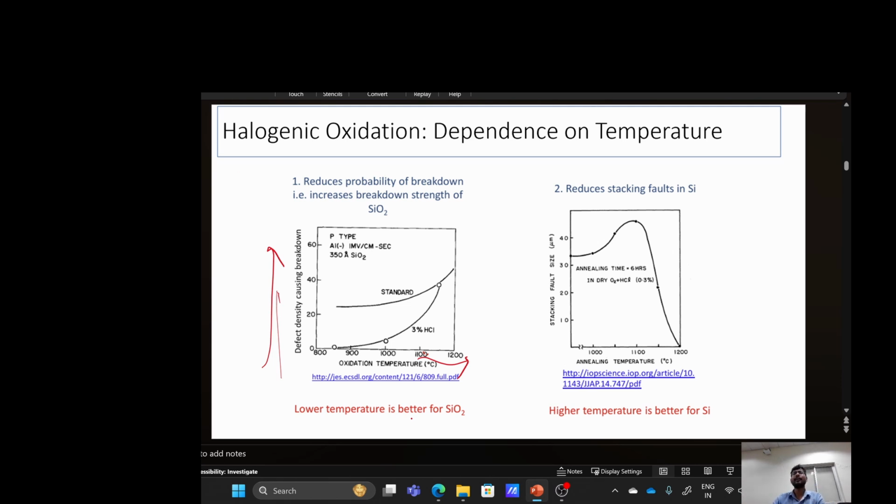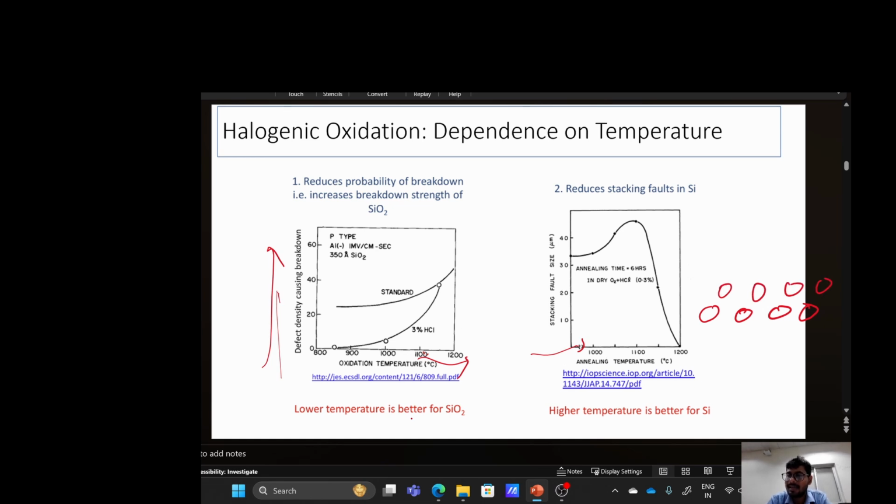At lower temperatures, if we are doing that, that is a much better choice. But if we are doing it at higher temperatures, there is the stacking fault, which is due to the alignment of the layers. There is an alignment of Si and another alignment of SiO2.